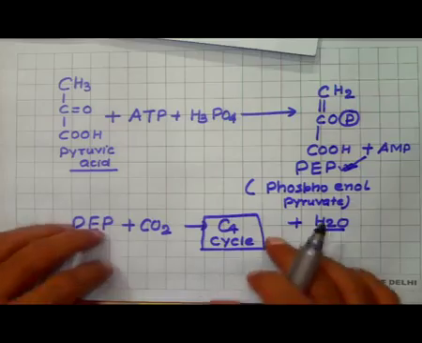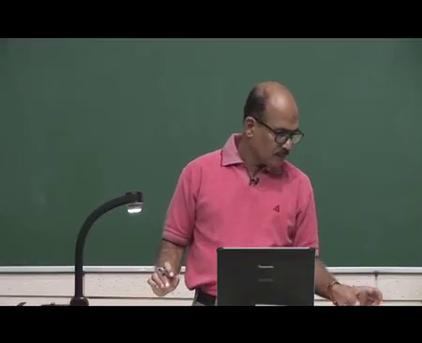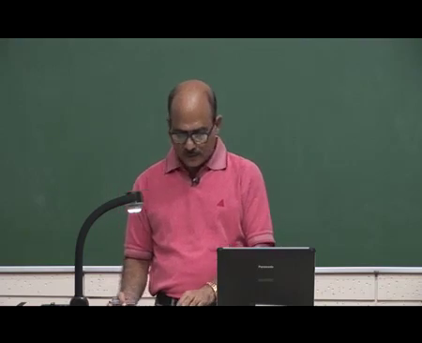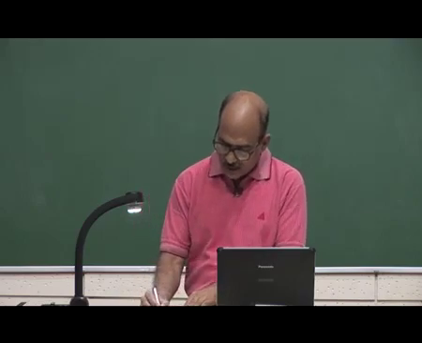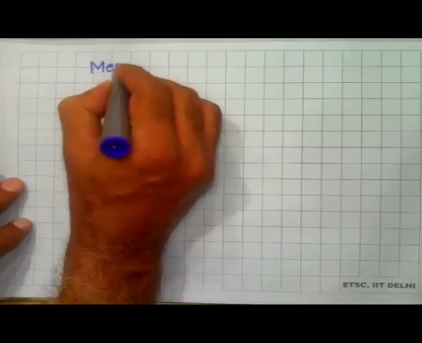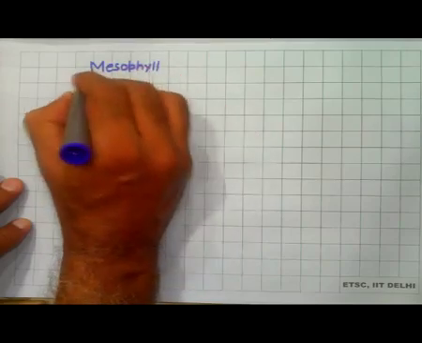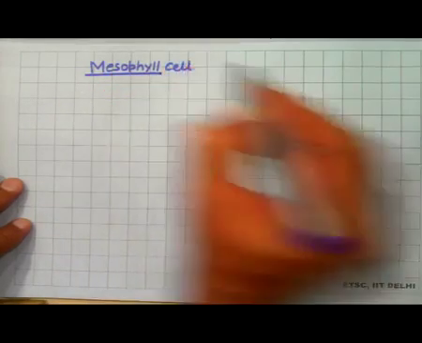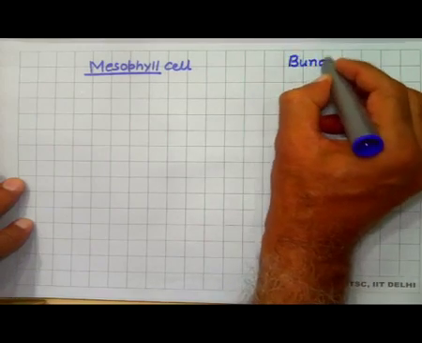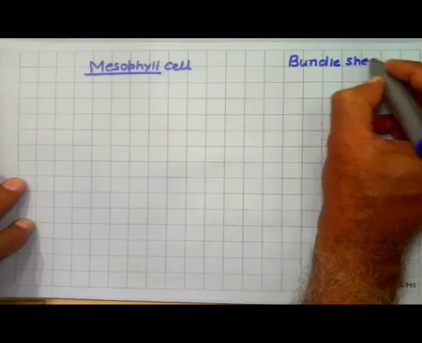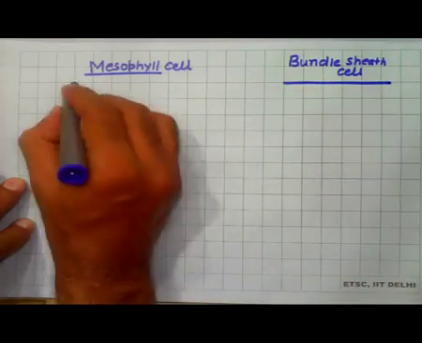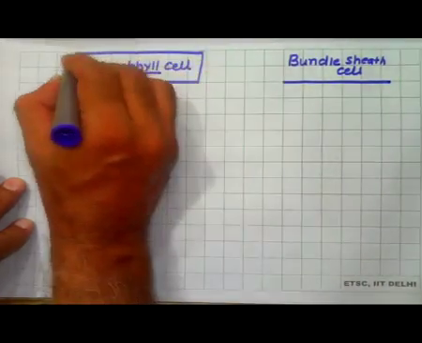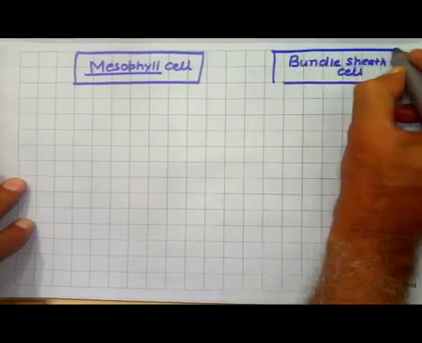Now, what happens in C4 cycle? PEP is formed from the pyruvic acid. Now, two tissues are involved, as we have already seen in anatomy. Here is the mesophyll cell, here is the bundle sheath cell. Now, in C4 cycle, what happens in mesophyll cell and bundle sheath cell?